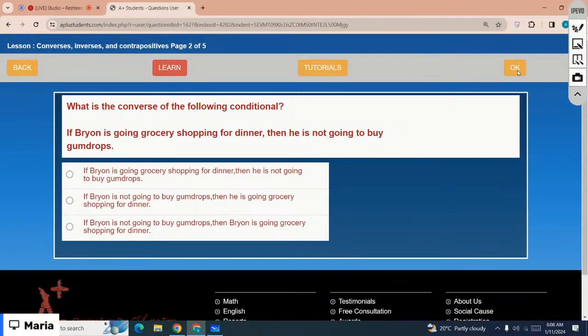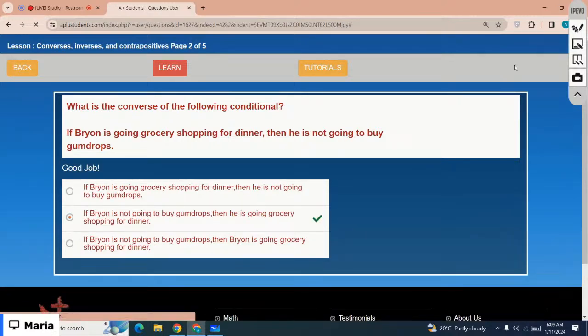The options given are: if Brian is going grocery shopping for dinner, then he is not going to buy gumdrops; and the second one, if Brian is not going to buy gumdrops, then he is going grocery shopping for dinner. Option 2 is the correct option.